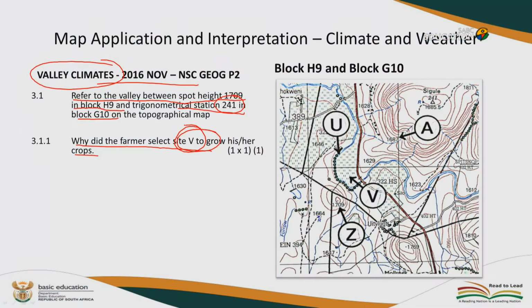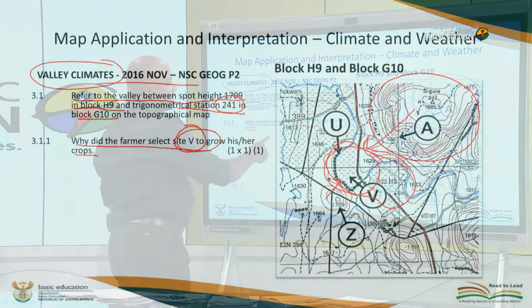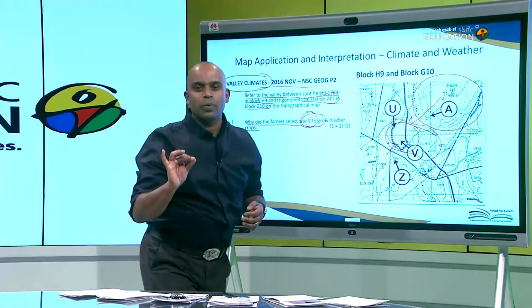The site V, there's V. Note the contours in this particular area showing you a steep slope, meaning that the air is moving down slope. Note the contours here, moving down slope as well. So this particular area, which shows you high levels of cultivation, is experiencing katabatic winds at night.